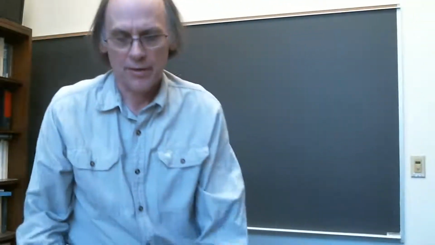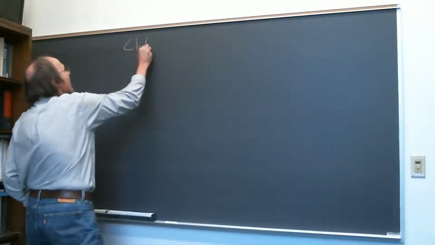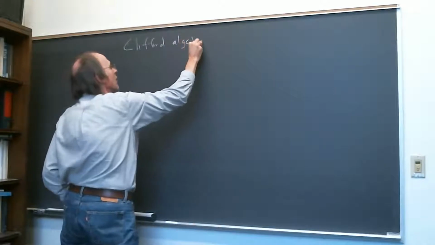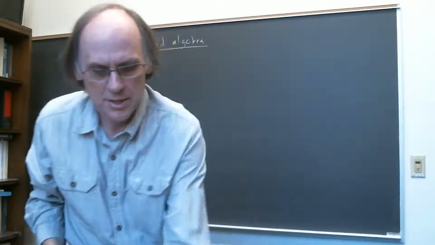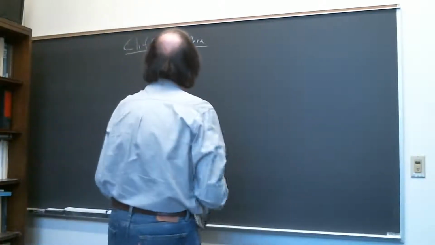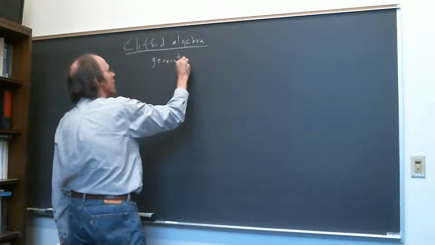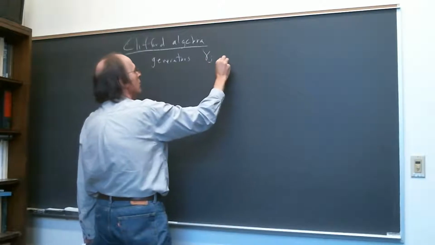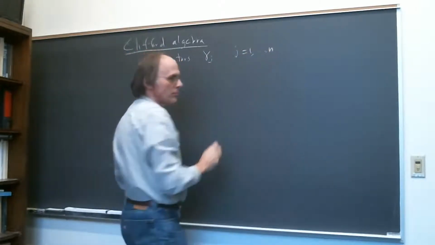So the definition I gave of a Clifford algebra last time started off as a very concrete thing: it has generators gamma j, for j equal to 1 up to n.